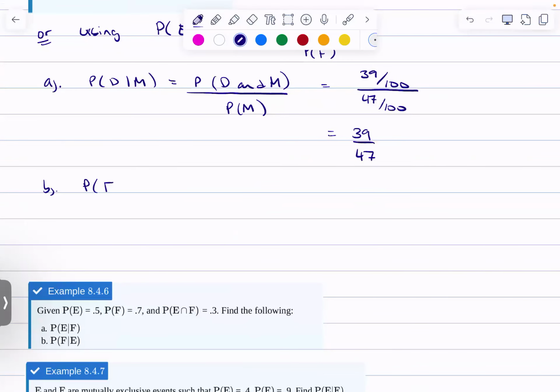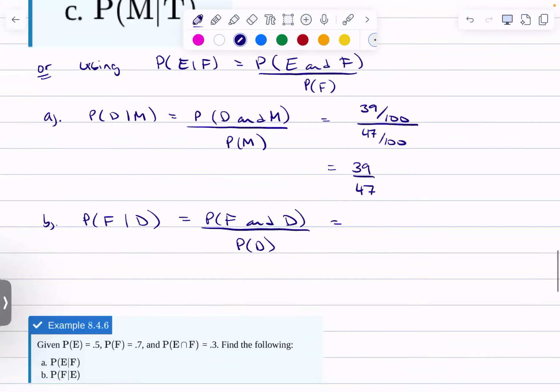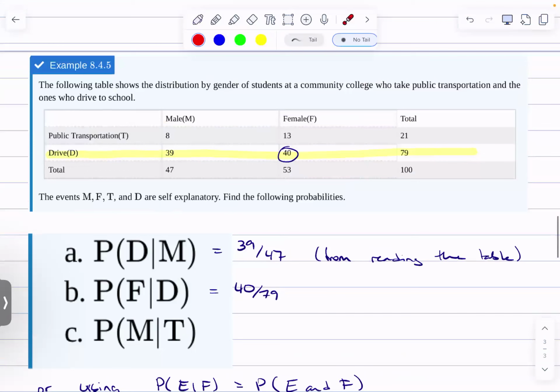The probability that they're female given that they drive is the probability of female and drive divided by the probability of driving. Now the probability that they're female and they drive is 40 out of 100. Those totals are always out of the overall total.